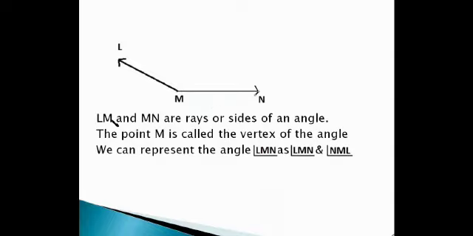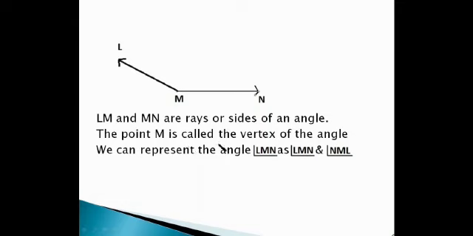So here I have written, LM and MN are the rays or the sides of the angle. The point M is called the vertex of the angle, and we will write this angle as LMN or NML. So the vertex is in the middle of the two alphabets.